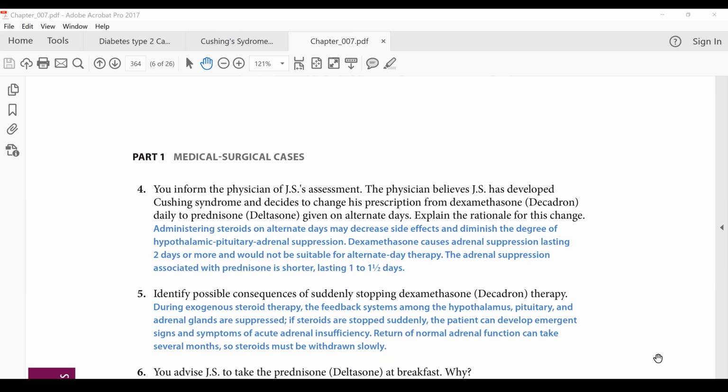So you advise JS to take the prednisone at breakfast. Why? Besides the fact that prednisone makes you eat a bunch, what's the other reason? If anyone's ever taken a steroid before, there's something that usually happens in the middle of the day. What is that?